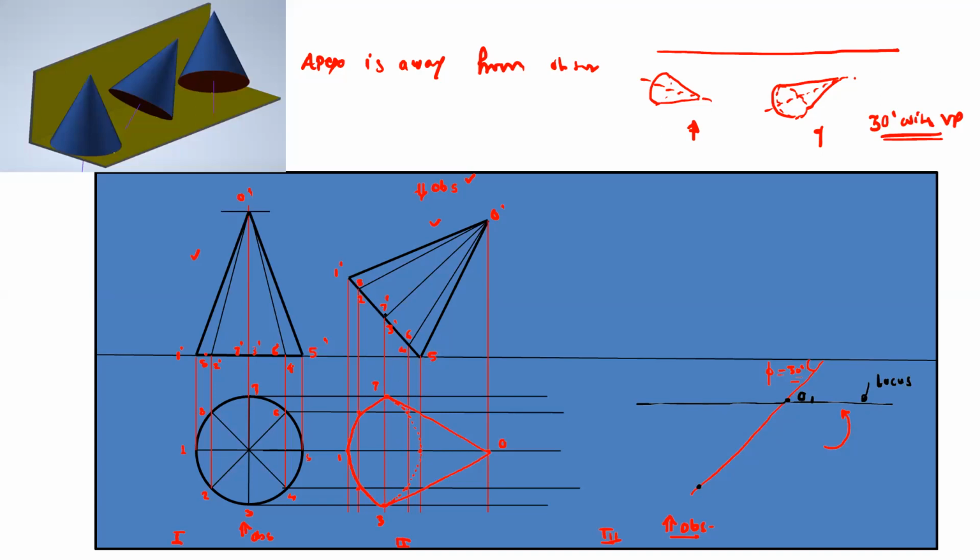So you can observe here, O dash 7 dash, this is the true length of the axis, that is equal to 65 mm. Okay. Top view of O dash 7 dash, select another point, take this as M. Okay. So top view will be OM. So take this distance in your compass, take this as a center and draw the arc on this locus line.